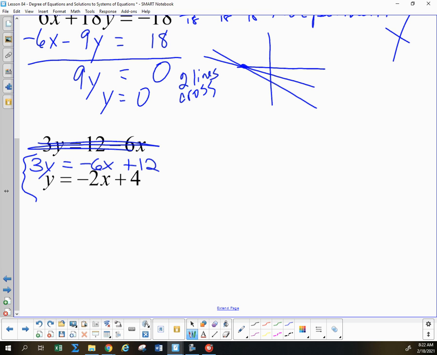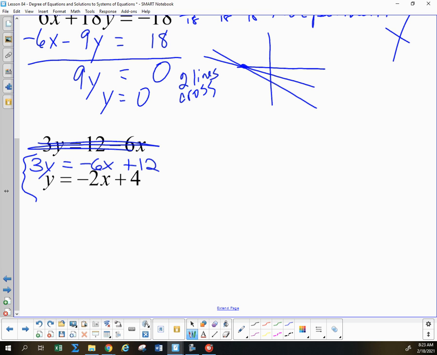They end up with the even numbers. What do you mean by that? Like when you put the y's, x's, and the other numbers together, it'll be 4y equals negative 8x plus 16.